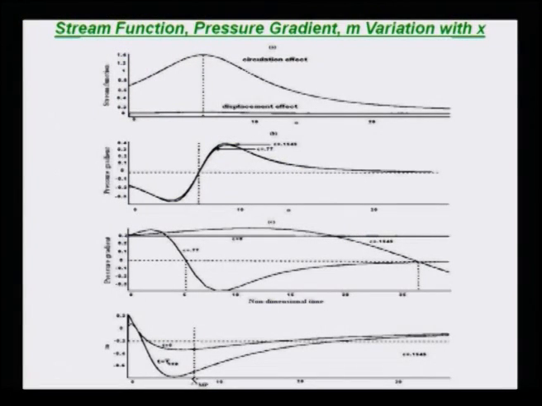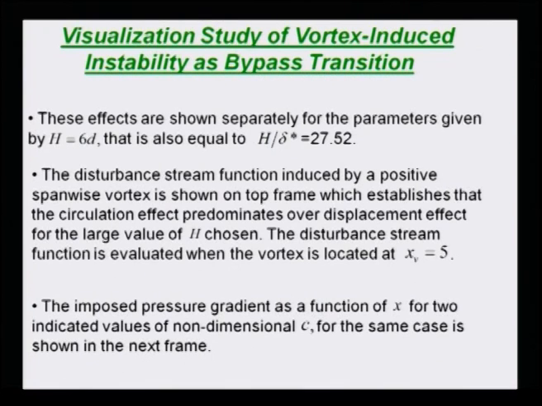But this figure seems to contradict that. Now, why is that so? See, this is what we are talking about. That is the last point that we are talking about, that the imposed pressure gradient as a function of x for the two indicated values of c was shown in that frame.